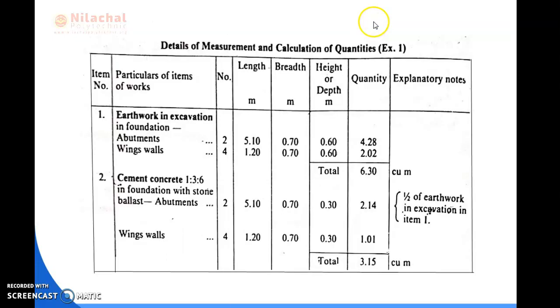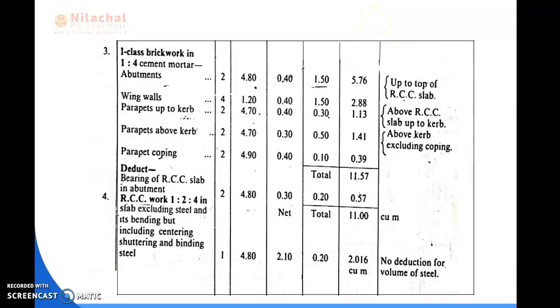Okay. So first of all, we consider the abutment section. How many numbers of abutment? Two numbers of abutment are used. We need the length, breadth and height of the abutment.